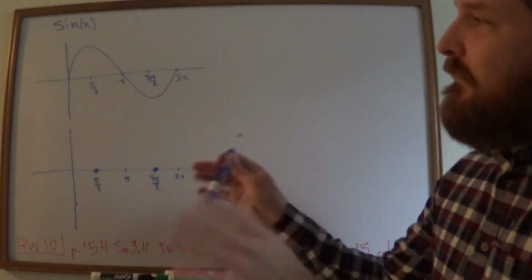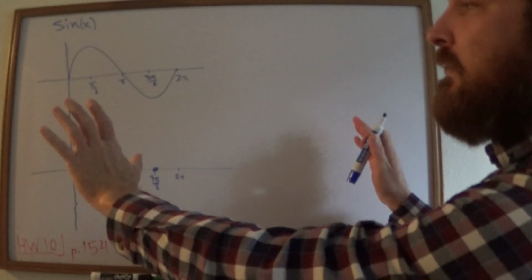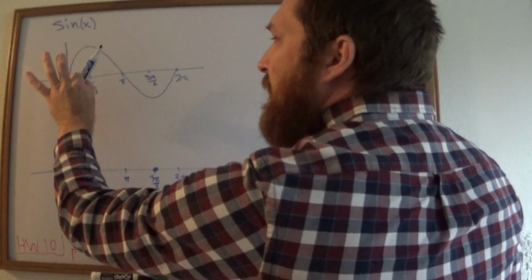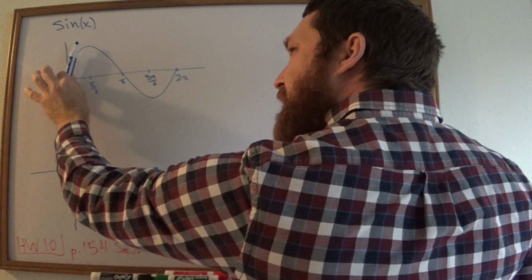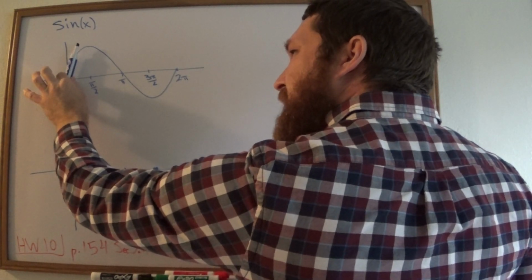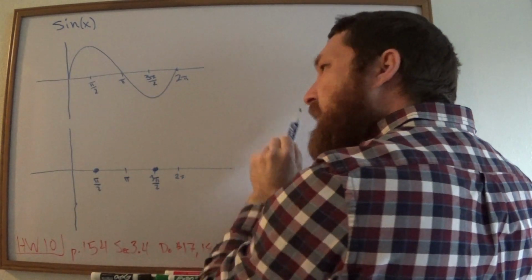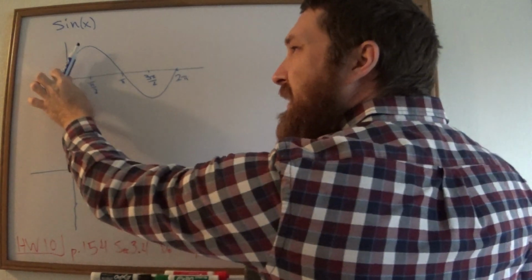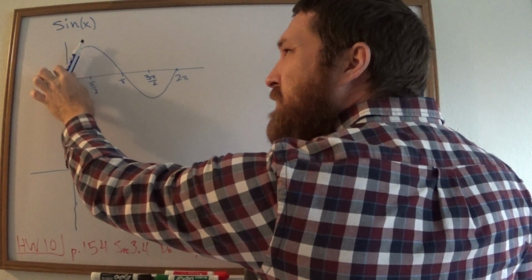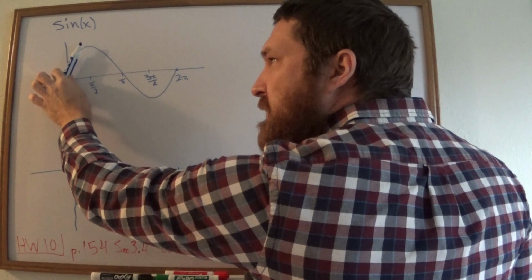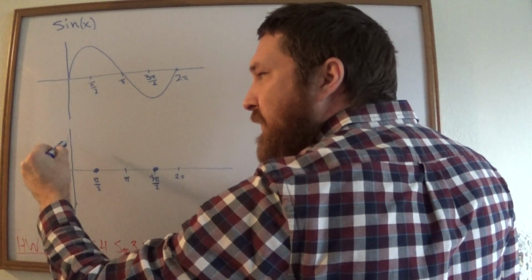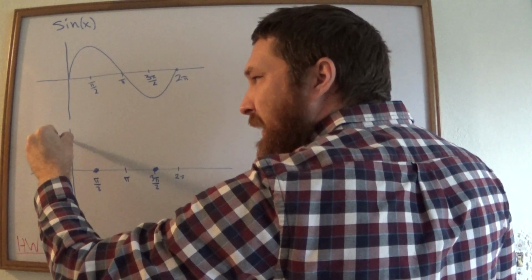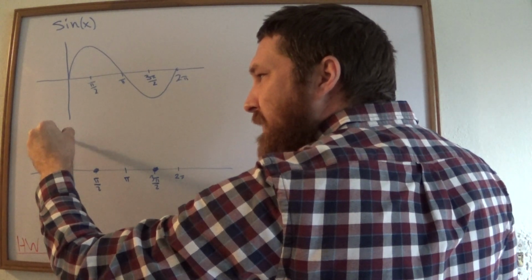Now, I haven't drawn this very well, but if we could figure out what the slope is right here, you could count some squares on Desmos and figure out that it's pretty close to about 1, it looks like. At any rate, it's a positive number, and so if I'm not trying to be exact, I could just say, okay, it's some positive number right here.